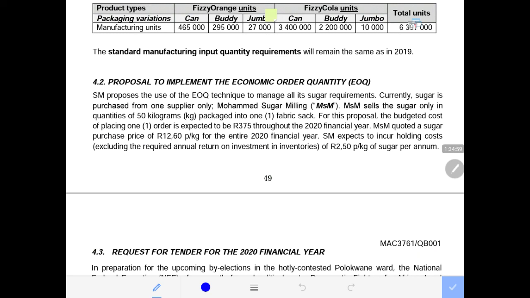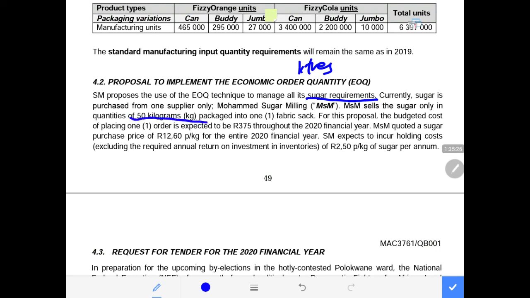Currently, sugar is purchased. Take note, we are talking about the sugar here. Yet we produce the drinks that are in liters, but each liter requires sugar. Currently, sugar is purchased from one supplier only, which is Mohammed Sugar Milling. Mohammed Sugar Milling, which is MSL, sells the sugar only in quantities of 50 kilograms, packaged into one fabric sack.